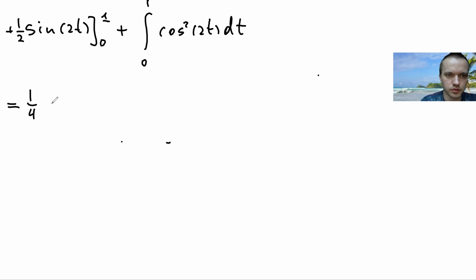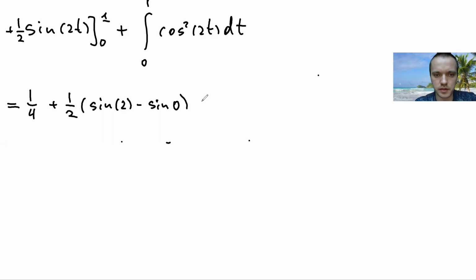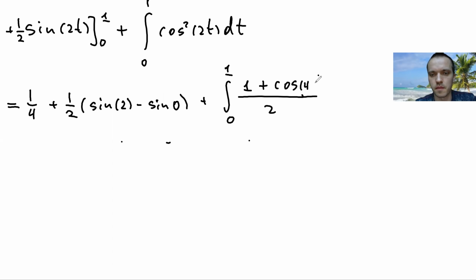The second integral is going to be equal to plus 1 over 2 times sine of 2 minus sine of 0. And the last integral is going to be the integral from 0 to 1 of (1 over 2) times (1 plus, in the double angle of 2t, cosine of 4t) dt.